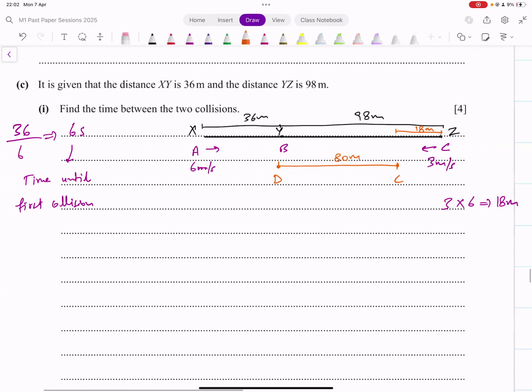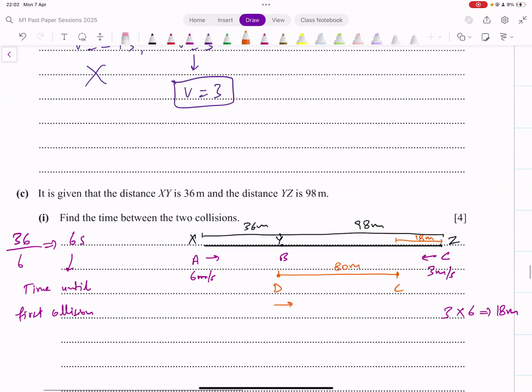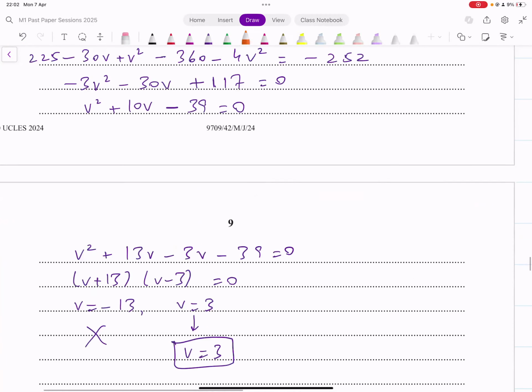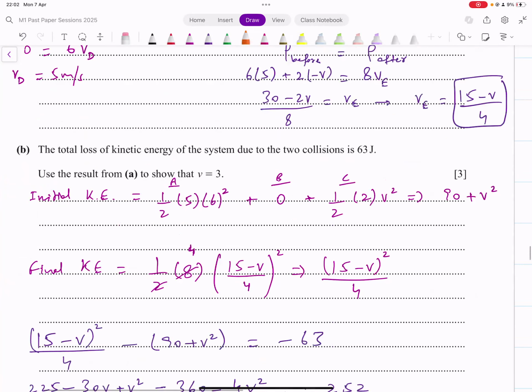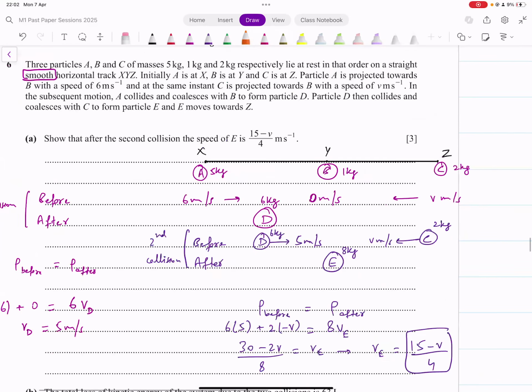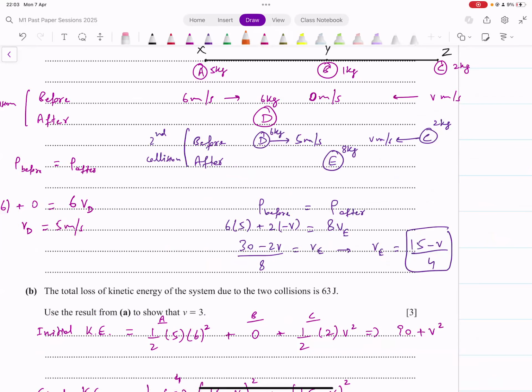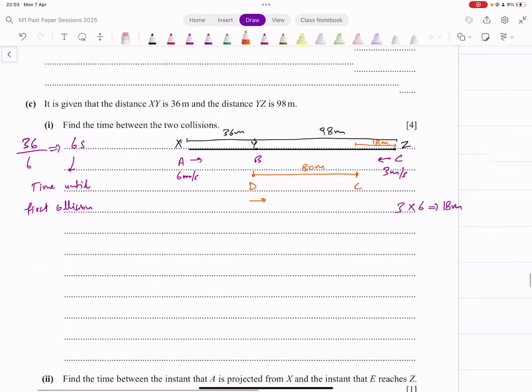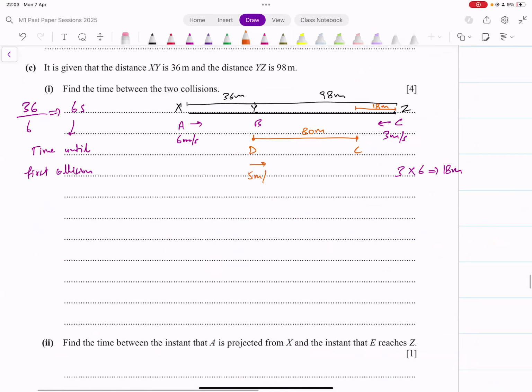Now, what's the speed of D? Speed of D, 5 meters per second. D is moving at 5 meters per second to the right side after this point. And what about C? C is still moving at 3 meters per second. Every second, you see what's happening?